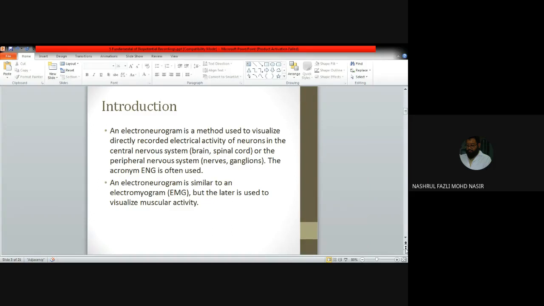So we are interested to know what the electrical activities are that happen in our neurons, in our nervous system, in the brain. From there we know whether our brain or our nerves work normally or not.